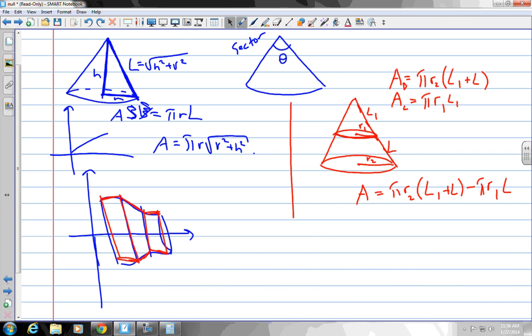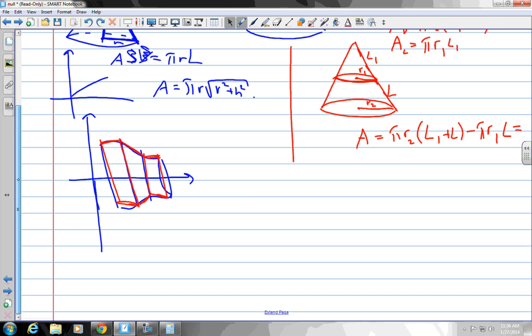Is that okay? So we're just going to do some algebra, a little bit of geometry. Distribute: pi r2 L1 plus pi r2 L minus pi r1 L1.